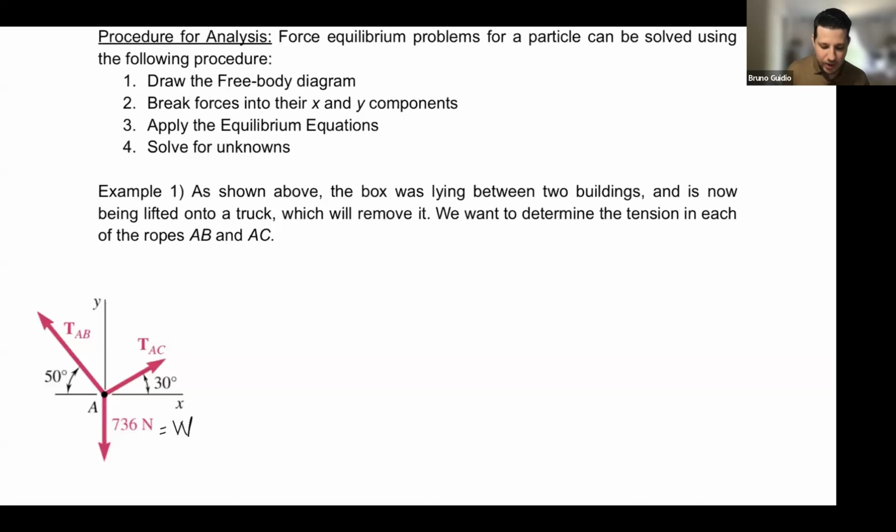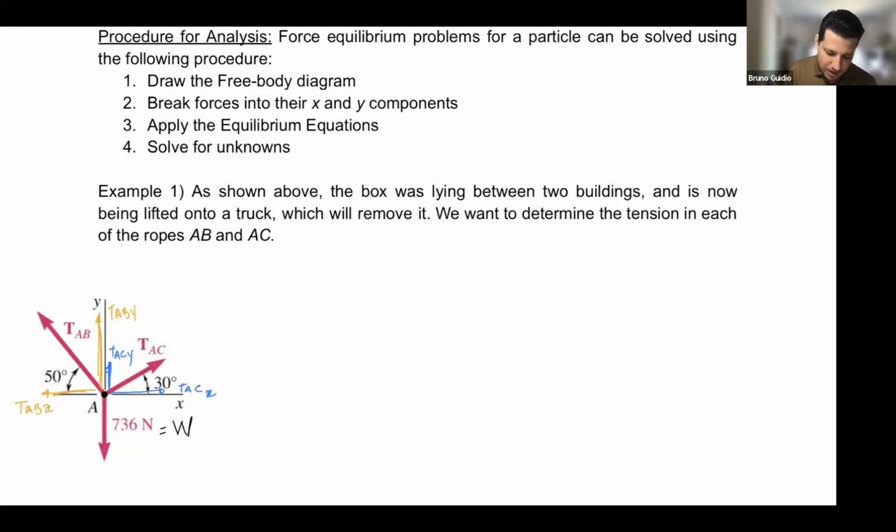Let's find what we need to find. First, draw the free body diagram. The free body diagram is already here for us, so no need to do that. Let's break the forces into X and Y components: TAC x, TAC y, TAB y, TAB x.